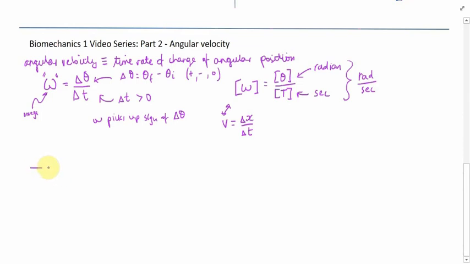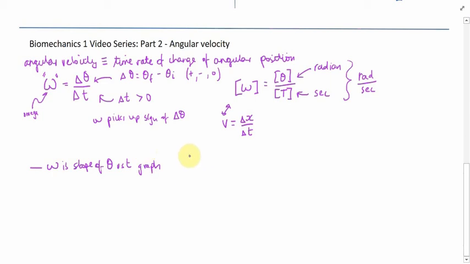Another important characteristic of angular velocity is that it is the slope of an angular position versus time graph, the same way that linear velocity was the slope of a linear displacement versus time graph.